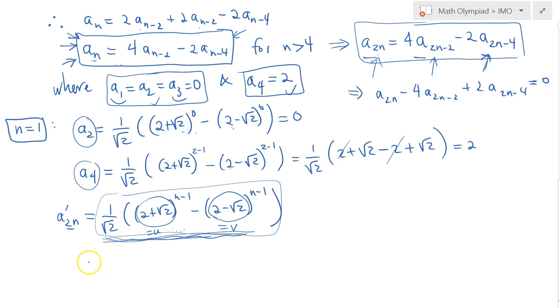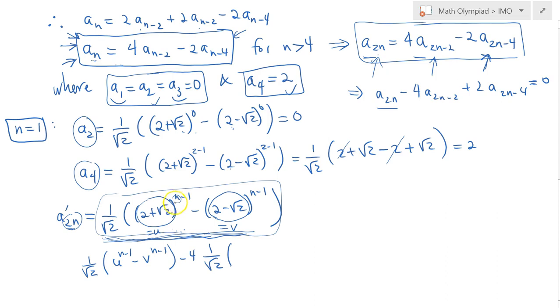So substituting in, I get 1 over root 2, and I have u to the power n minus 1, I'm substituting into this one first, minus v to the power n minus 1, minus 4 times, again, 1 over root 2, u to the power n minus 3, I want to say, because the 2n here is replaced with 2n minus 2.